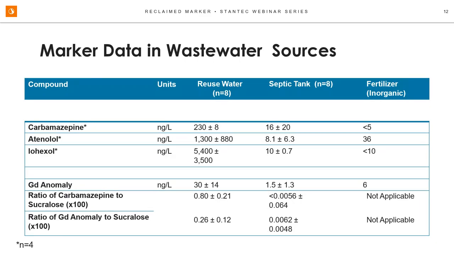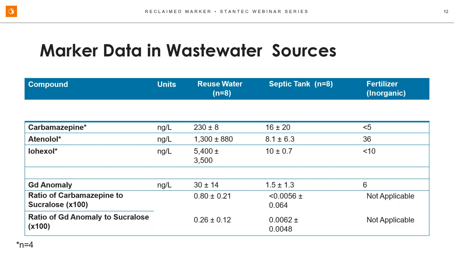We were looking at other compounds that are commonly found in reuse water, like carbamazepine, which is a mood stabilizer, atenolol, which is a heart medication, iohexol and gadolinium anomaly, which are diagnostic tracers that are used for medical imaging.